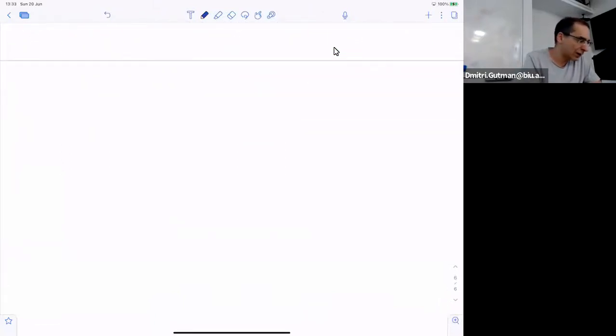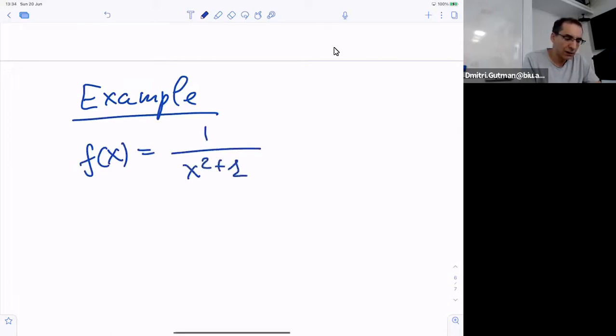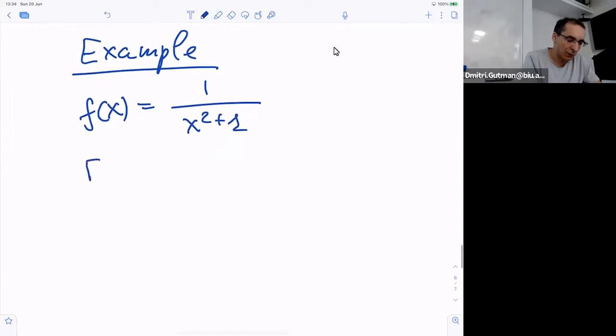Okay, if everybody understands everything, let's compute some simple examples. So let's take a function f of x, which is something very simple, like 1 over x squared plus 1, and let's compute its Fourier transform.